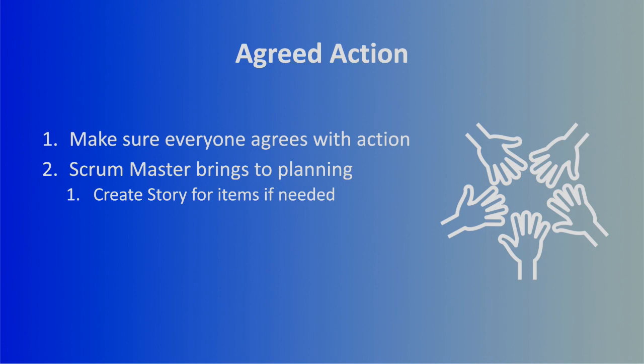So if it's an idea about our process, how we're going to improve the way we're working together, you can create a story card that says, hey, when we're doing this process, remember we're going to do this because of our experiment. Or if it's something for the product, you can create a story card saying, hey, we found this was an issue with the product in the last sprint. We're going to address it now. It'll help us in future sprints, in the next sprint, whatever. So sometimes putting these experiments into story cards is an effective way to really manage them. You don't always have to do that, but it's an option worth mentioning.